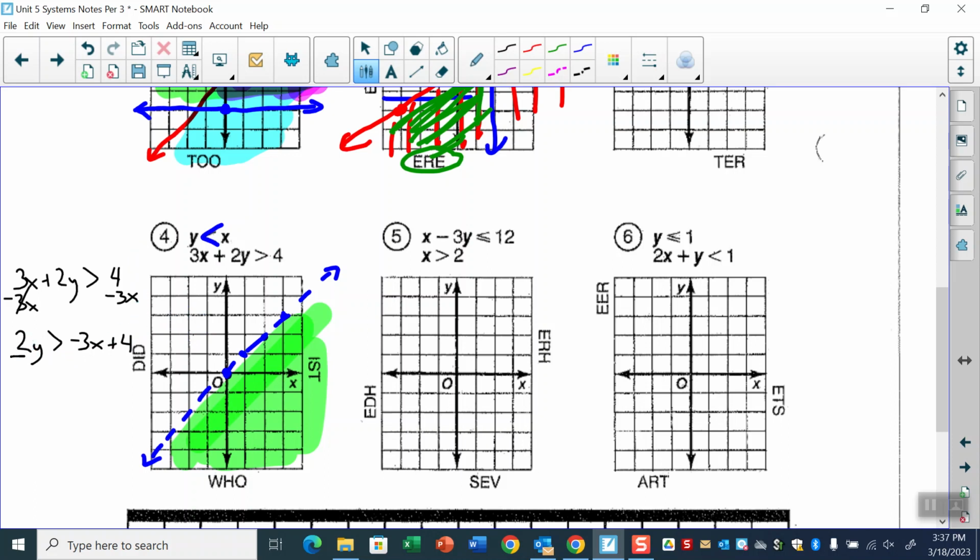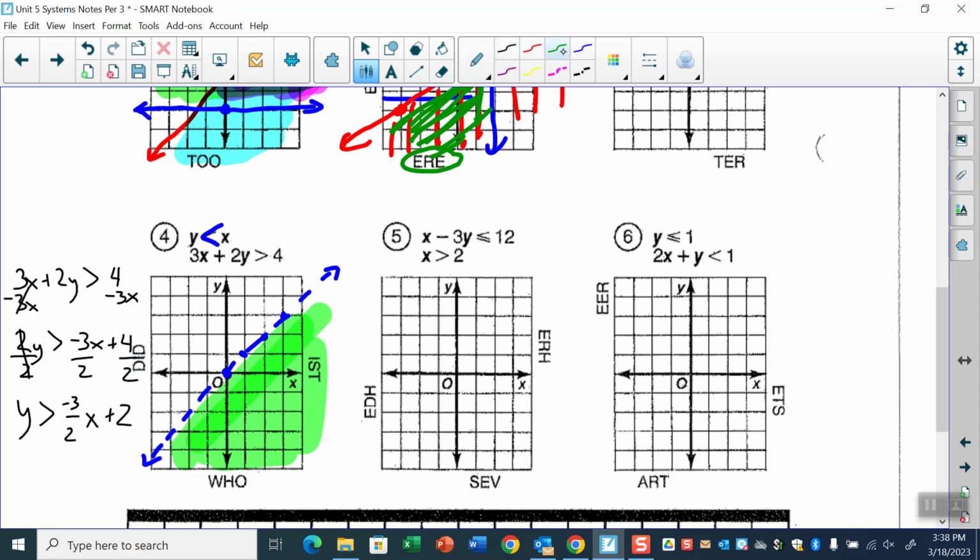And then I'm going to divide by 2, divide by 2, divide by 2. So I get y is greater than -3 over 2 times x, and then 4 divided by 2 is 2.